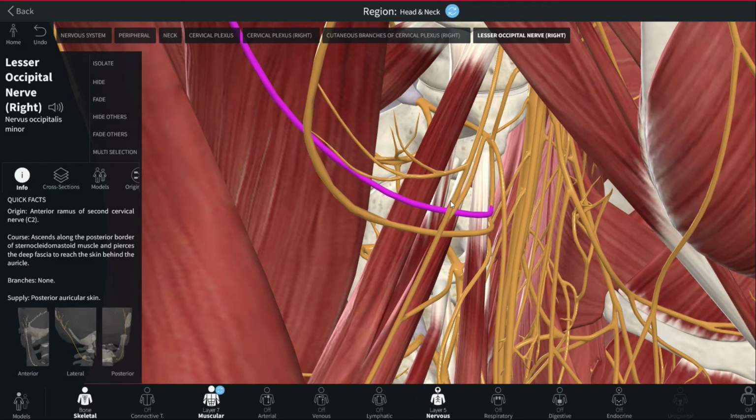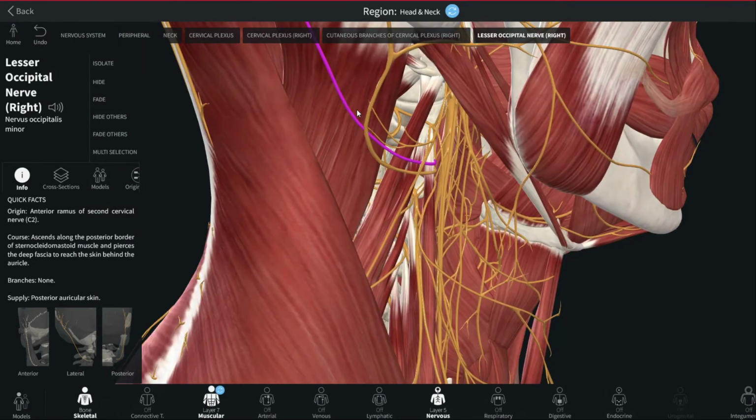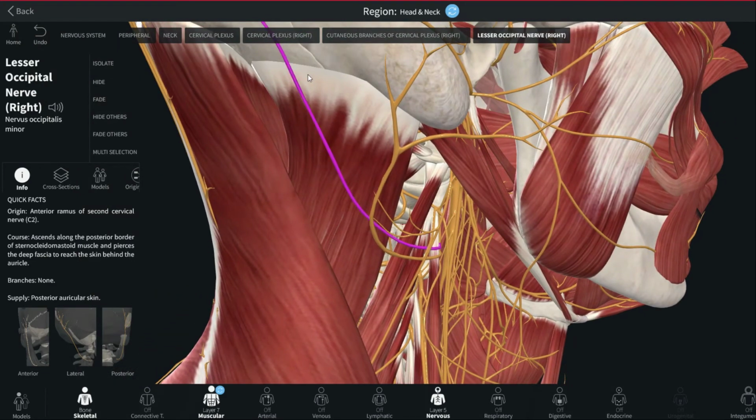So what we say is that the lesser occipital nerve hooks around the spinal accessory nerve, and then it is going up. It hooks around the spinal accessory nerve and ascends, right?